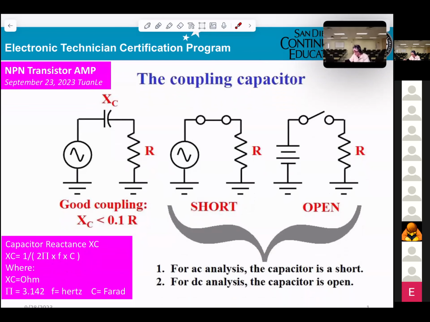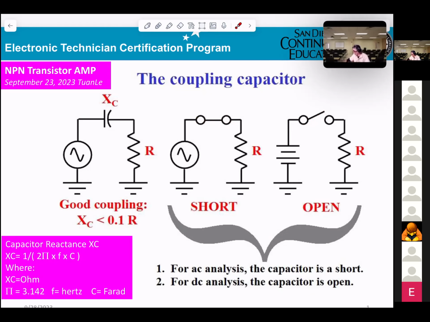Okay, so if you get a good coupling, then XC will be less than 0.1 R. The next thing, the capacitor will be shorted, just a wire. Or the capacitor can be open, that means no DC current can go through.